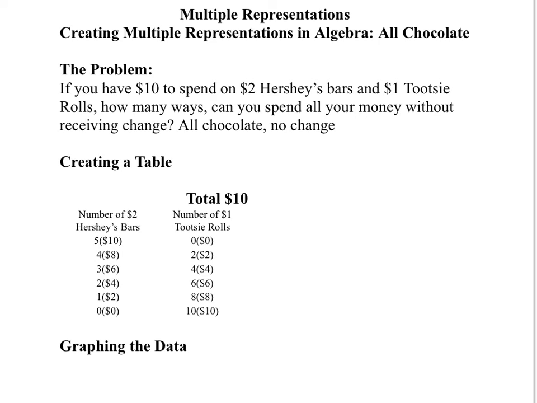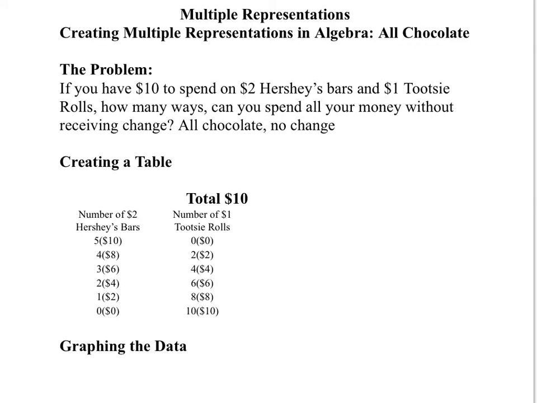In this particular situation, they looked at the number of Hershey bars first, and then asked, what if I insert the $1 Tootsie Roll Pop? These students knew that if I have $10 and each Hershey bar is $2, I can divide 2 into 10 and get 5 Hershey bars and no Tootsie Rolls.